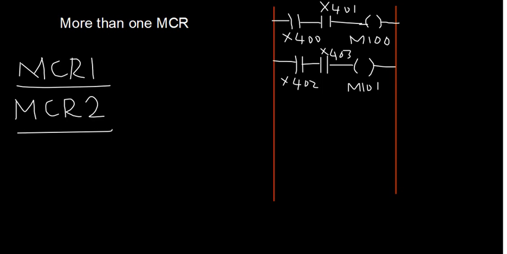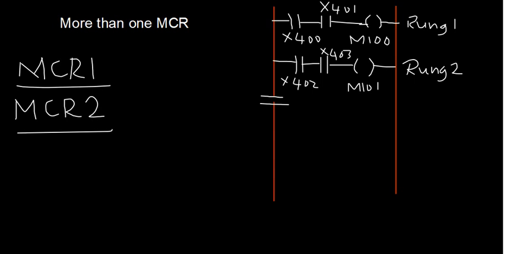So now this is my rung 1 and this is my rung 2. Like that I may have so many rungs. So now please look, now I have the contacts of master control relay M100 that is coming here.